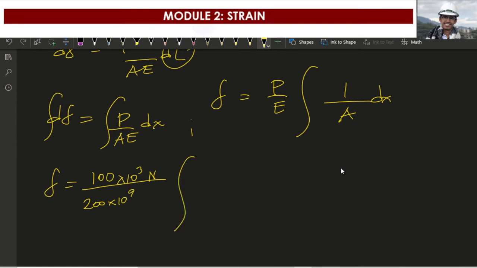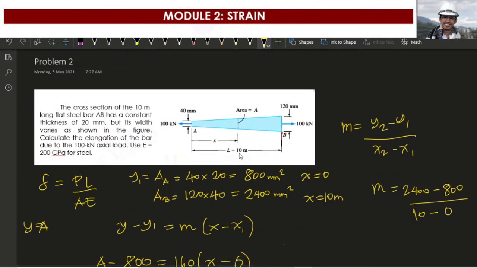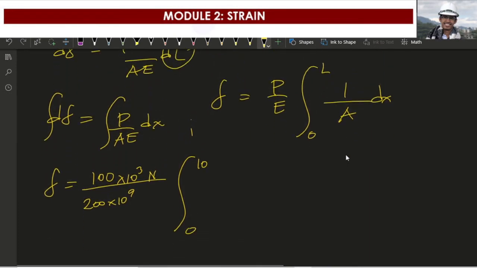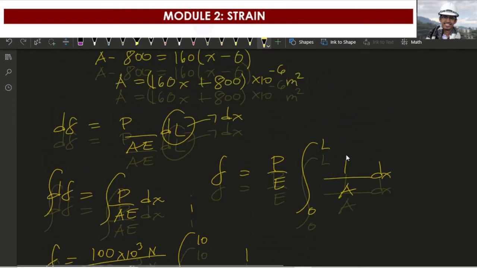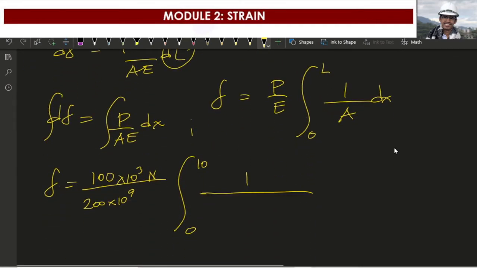The integral of, so ito is yung from 0 to yung ating length. Okay. So from 0 to 10 meters, no? Para makuha natin yung whole from the 10 meters. So that will be 1 over, so yung area natin, that is equal to 160x plus 800 times 10 raised to negative 6.